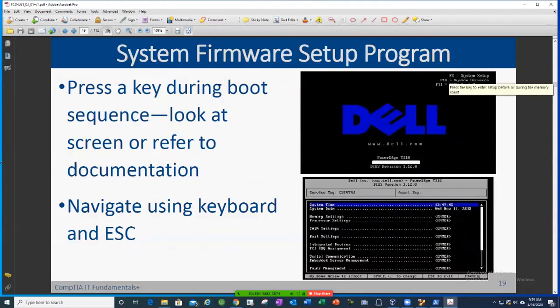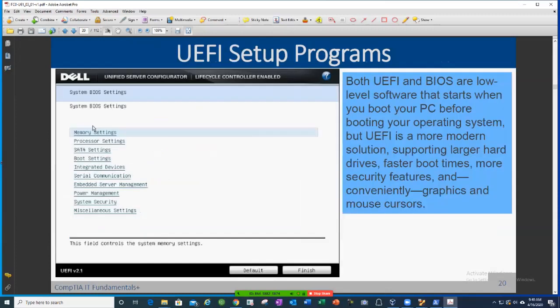You just keep pressing that F2 repeatedly until you get to the system BIOS. Then you get to something like this. This is like an old BIOS, so you would navigate this using the keyboard, the arrows, and the enter key.